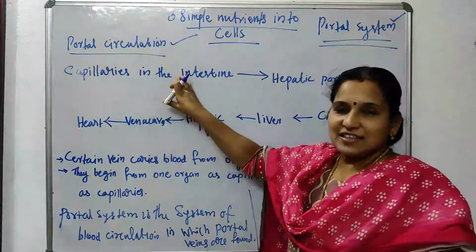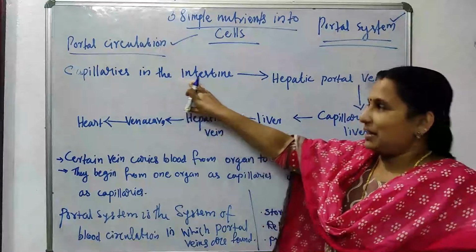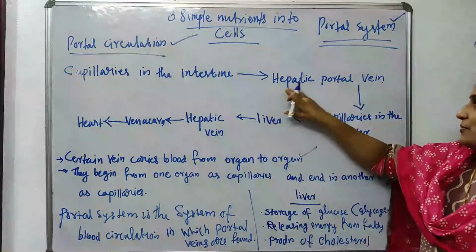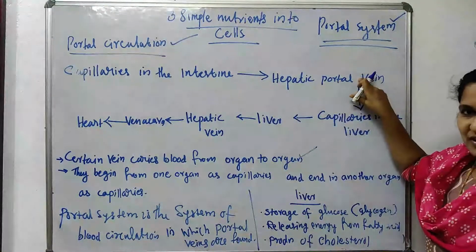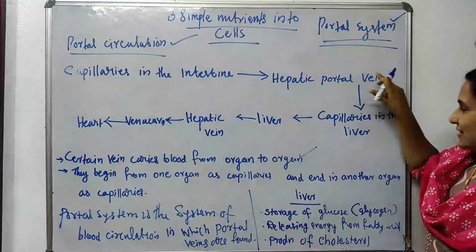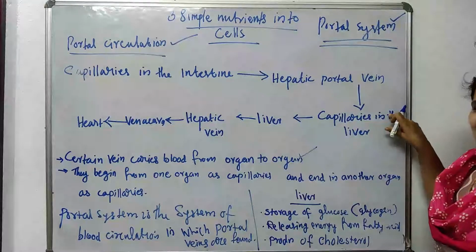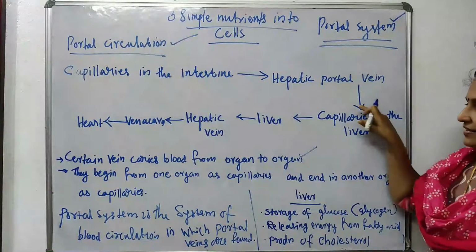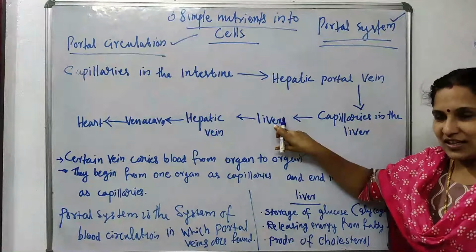Capillaries in the intestine carry blood and it is carried by the hepatic portal vein. Then it reaches the capillaries in the liver, then the liver.